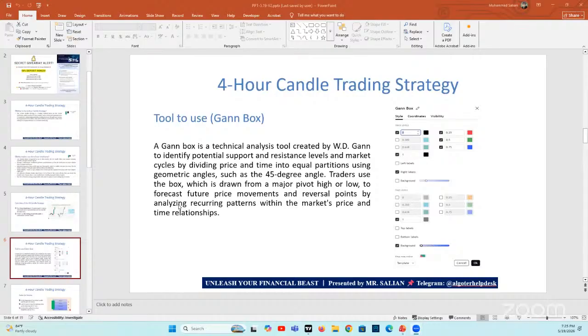Traders use the box which is drawn from a major pivot, high or low, depending on the candle. So if it's a bullish candle, from the low to the high, and if it's a bearish candle, from the high to the low, to forecast future price movement and reversal points by analyzing recurring patterns within the market's price and time relationships.